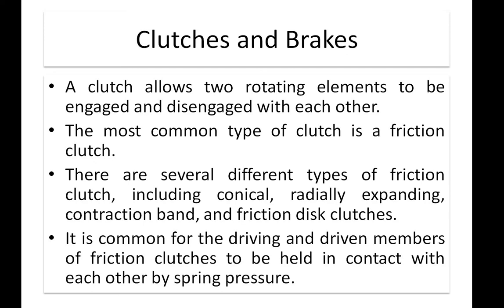That you already know, and most people use it every day in the automobile. Or if you are working in a machine, there is again engagement and disengagement of the gears, or from the motor to the shaft, and this quick engagement and disengagement can be done with the help of a clutch.